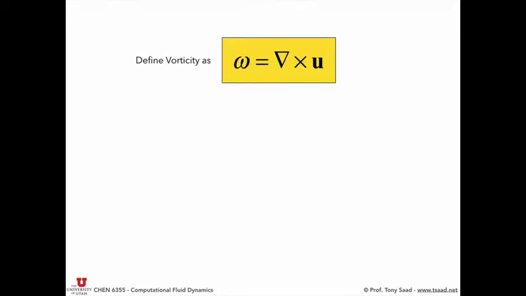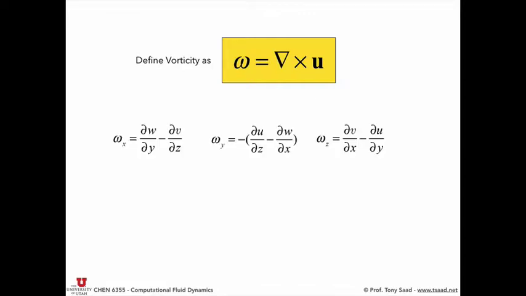Now, what you do, you define the vorticity as the curl of the velocity. So essentially, this has three components. If you think of u as u, v, w, then omega has three components, omega x, omega y, and omega z. They are in different directions.